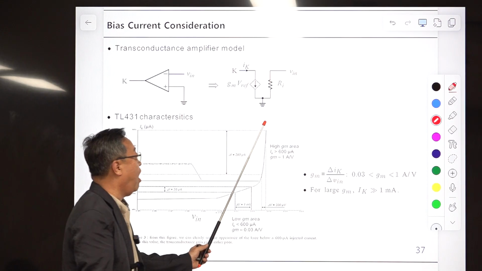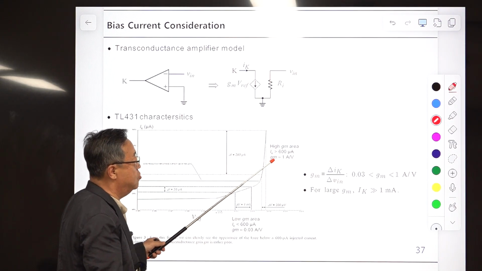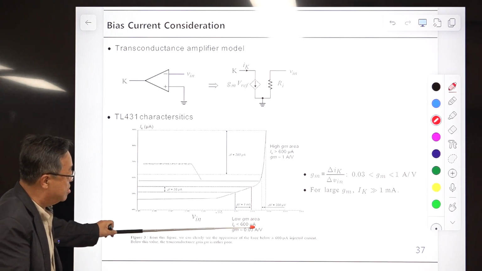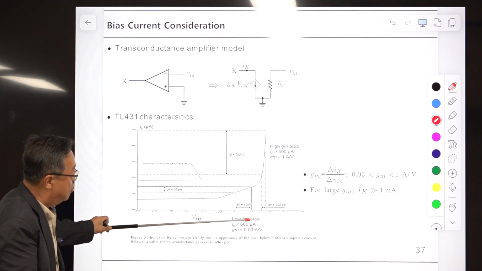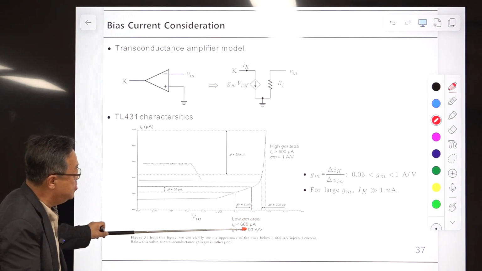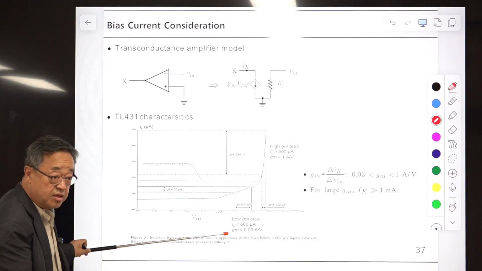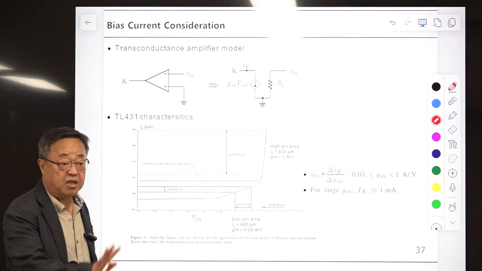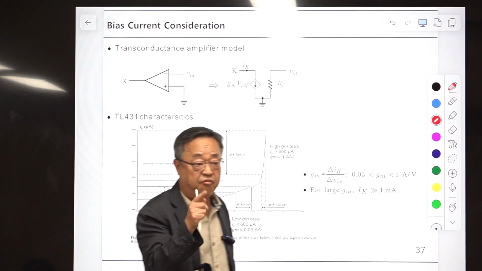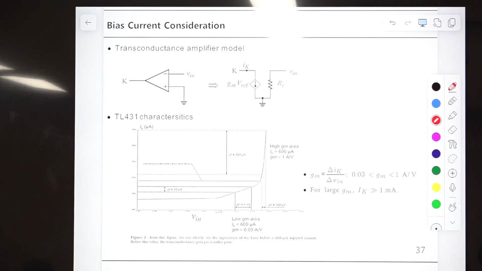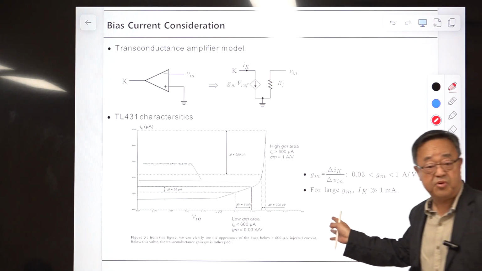So to have this large GM, IK should be about this value. If IK is smaller than 1 milliamp, say 0.6 milliamp, then you are in trouble. This is obvious: there's no energy source in TL431. You should provide something. You should eat to work. That's the principle, right?